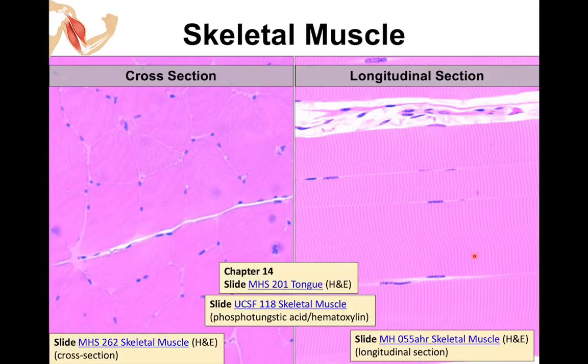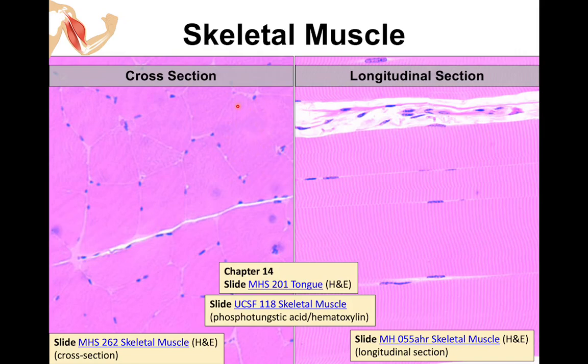When you see skeletal muscle in a cross section, the fibers are polygonal in shape, and the nuclei are found at the periphery. In a cross section, the cytoplasm shows stippling. It's not homogeneous or smooth.